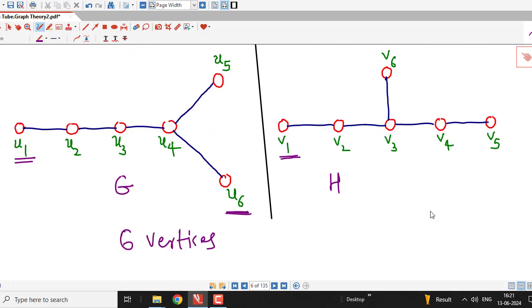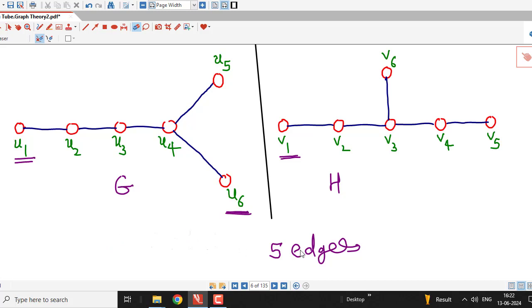That means both the graphs have the same number of vertices, that is 6. And the number of edges in graph G, we can count 1, 2, 3, 4 and 5 edges. And in graph H also we can see 1, 2, 3, 4 and 5 edges. So there are equal number of vertices and equal number of edges in both the graphs.